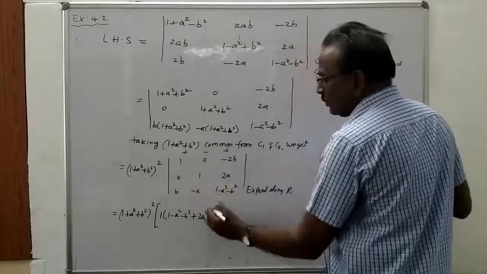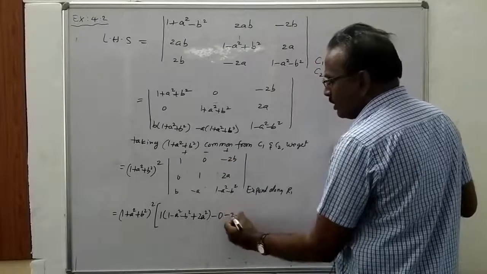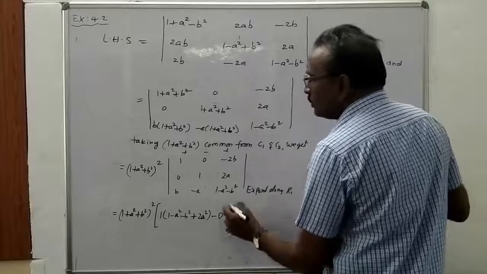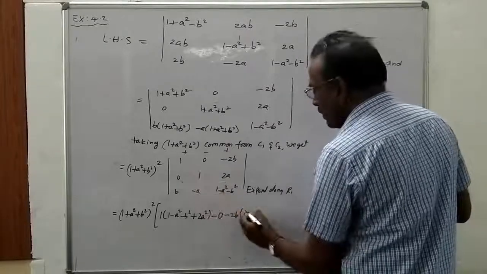Next, minus 0 into any second order determinant is 0, minus 2b into, delete first and third column elements, 0 minus b.